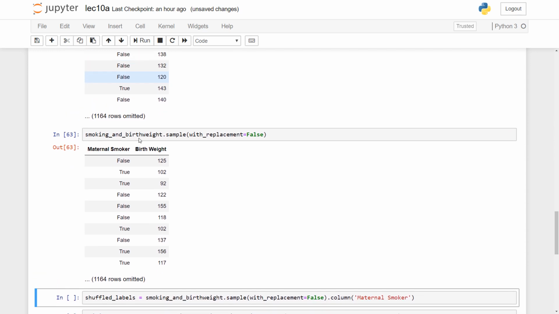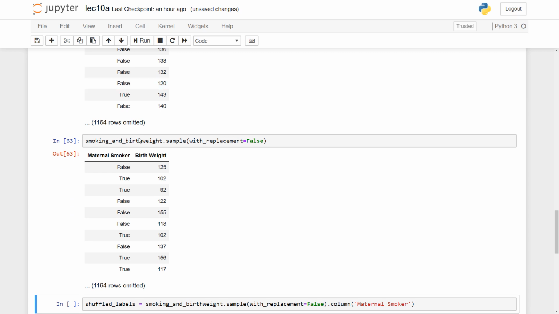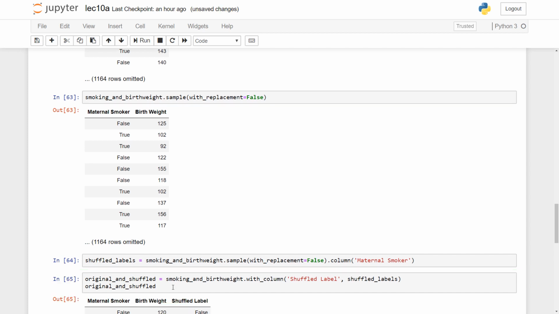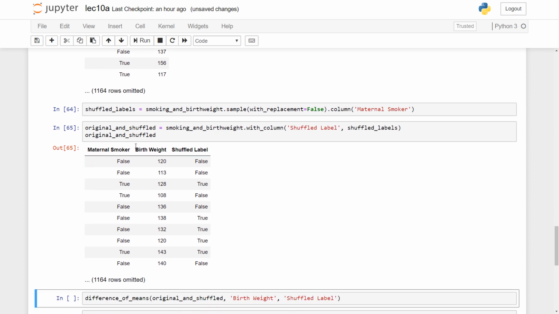Now, because we are just concerned with shuffling the smoking column, we'll take that column, call it shuffled labels, and stick it to the original table under a new label called shuffled label. So now the original table, which we'll call original and shuffled, will have 3 columns. These are the two original columns, and this is the one that we just generated by shuffling all the labels in the table.